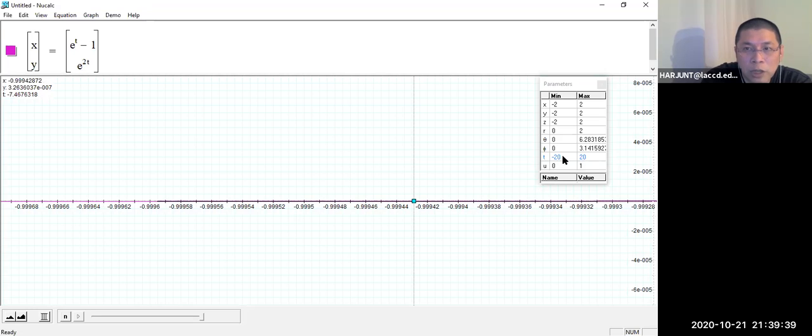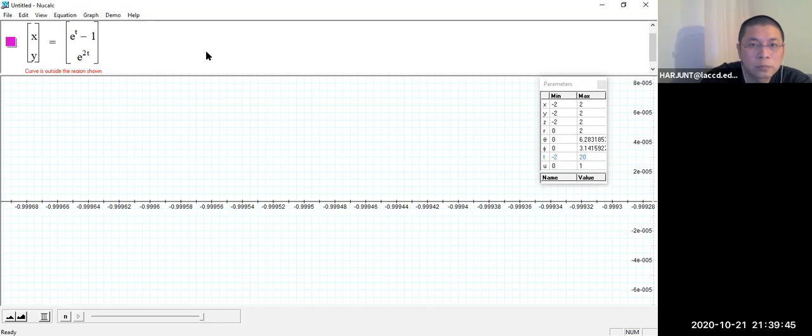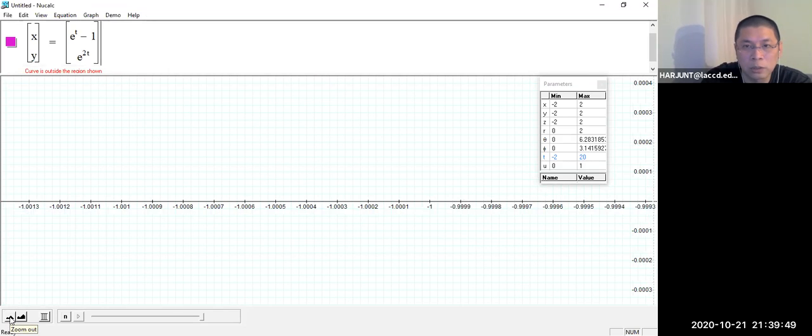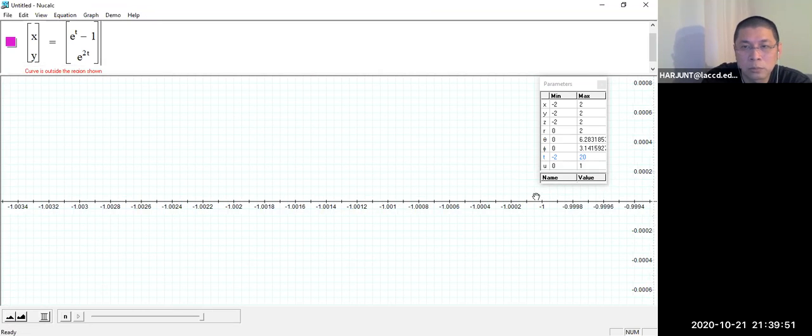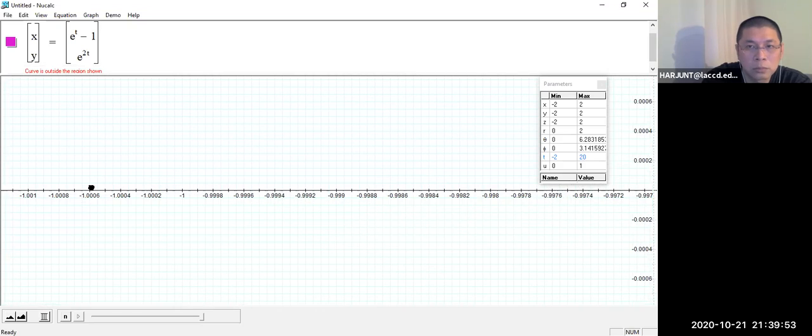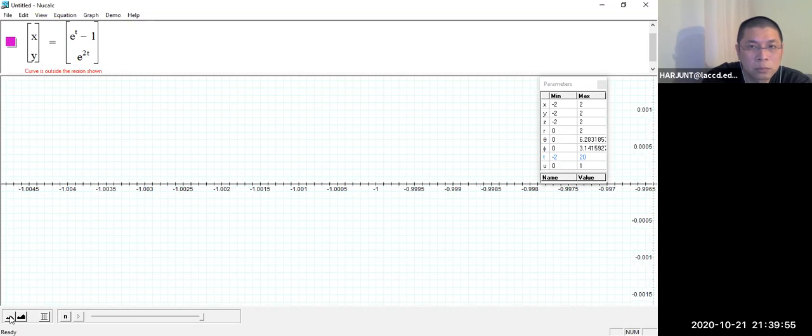That's because I use -20 here. If I use -2 only, I can see that it's not touching. Negative 1, now I'm a bit too far.